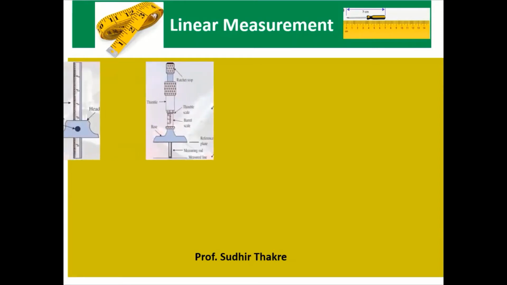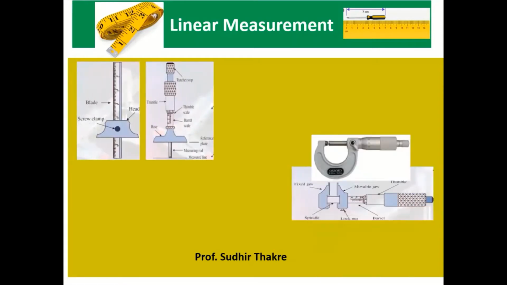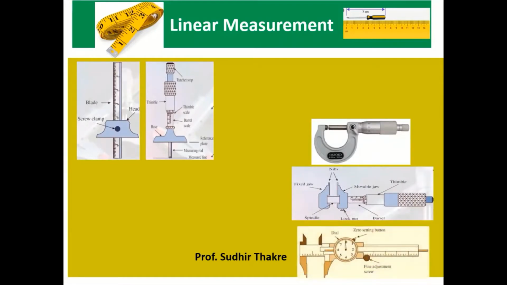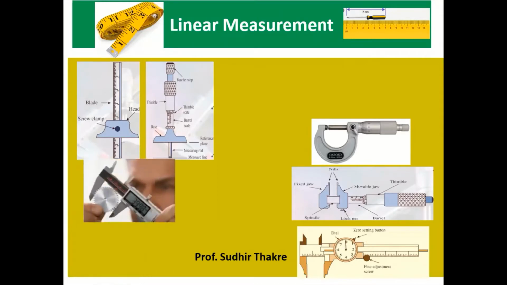Here, these are all the mechanical instruments: vernier, height gauge, micrometer, depth gauge. Then you can see the outside micrometer, inside micrometer, dial gauge, vernier. And what we are talking about as the digital electronic instrument is the vernier caliper here.